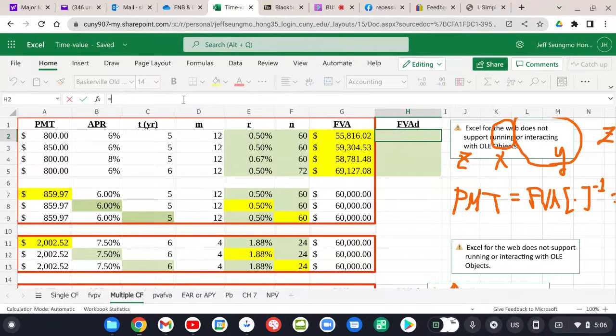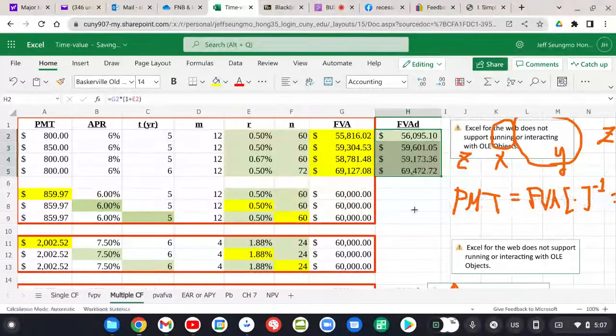So what I do is multiply this by 1 plus r. That's basically giving it one more compounding. Then, there you go. That's the future value of annuity due.